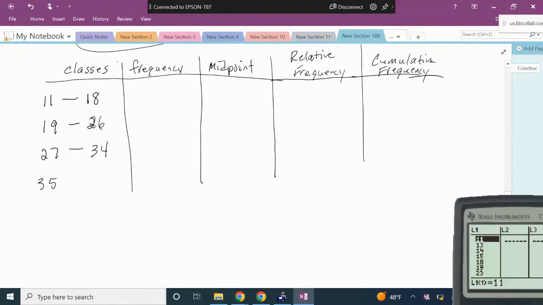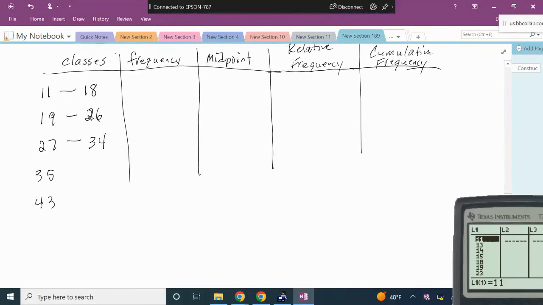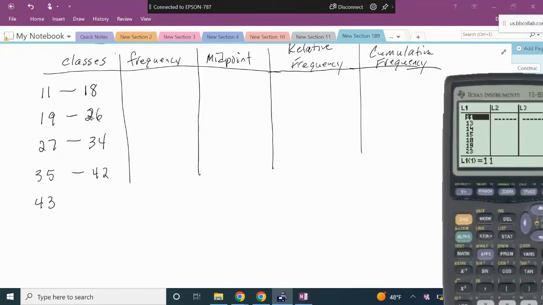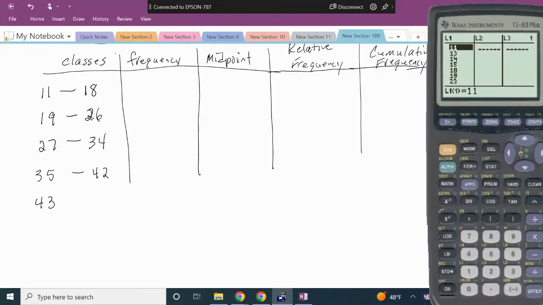35 plus 8 is 43. So the upper class limit for the fourth class is 42. So remember now, the largest number in my list is 56. Right?